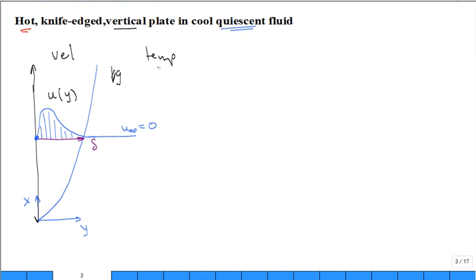And now, what about temperature? You can plot it on the same plot, or you can redo, put the vertical plate here again, put the same coordinate system, y and x, talk about the growth of a thermal boundary layer, then come up at a particular location, let's say at this location right here, we're interested in delta T, the thermal boundary layer thickness, and we want to sketch the thermal profile.